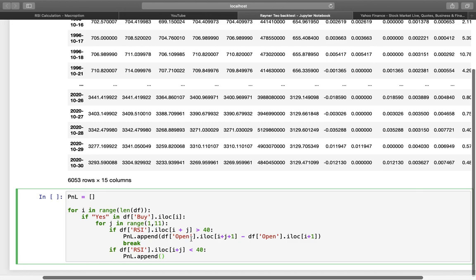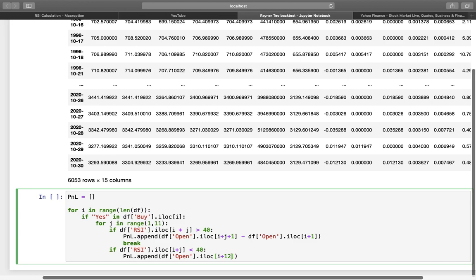So the selling price, if the RSI is below 40, is taking the next day's open after 10 trading days. So we are taking df open iloc i plus 12. Why 12? We are buying at i plus 1, so this is our entry.